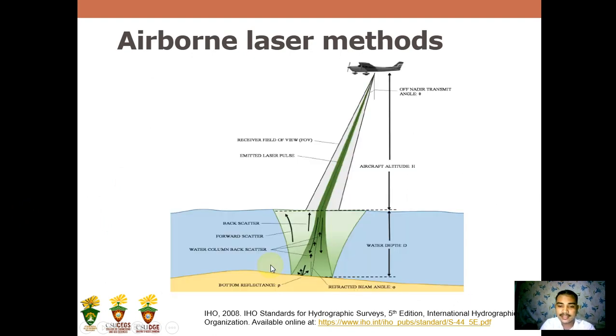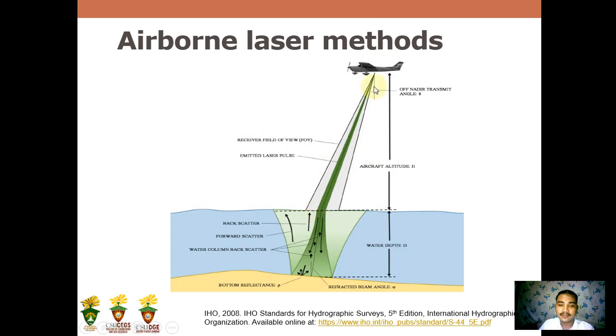So here is an illustration of how laser technology, or LiDAR, is used in getting the topography of the seabed, or the riverbed. From the aircraft, it emits electromagnetic radiation or laser.